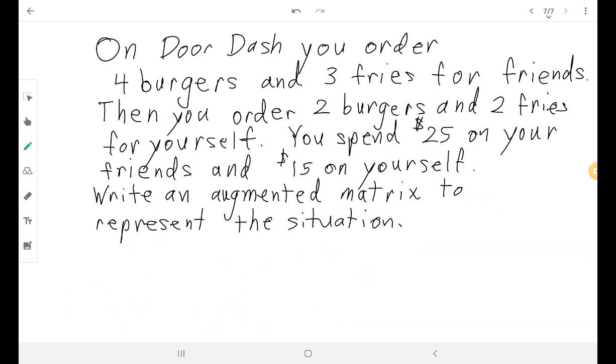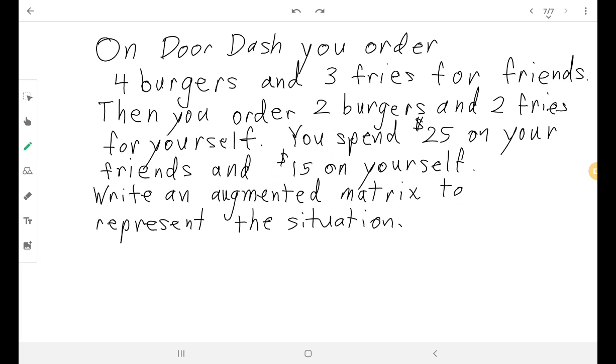Then for yourself, you order 2 burgers and 2 fries. It's from restaurant R, whatever that is. And on your friends, you spend $25. On yourself, you spend $15.